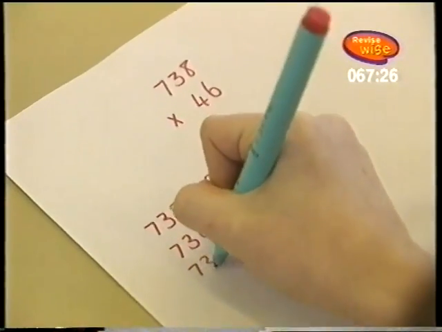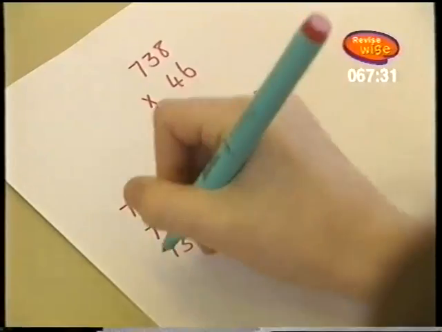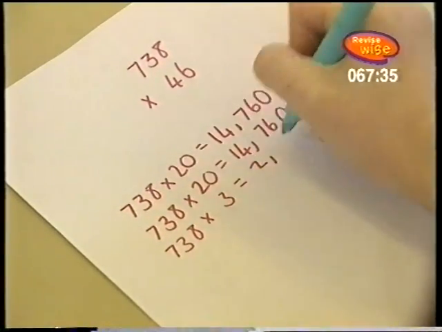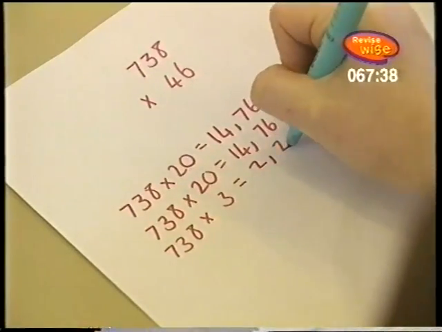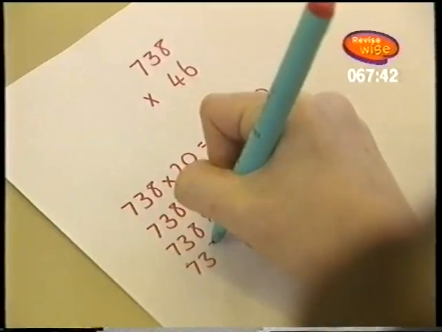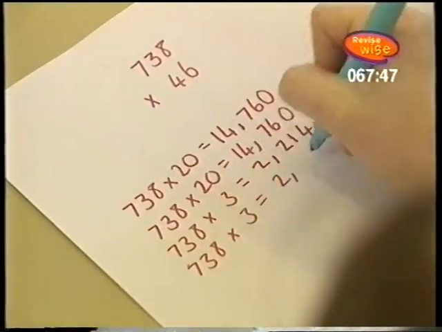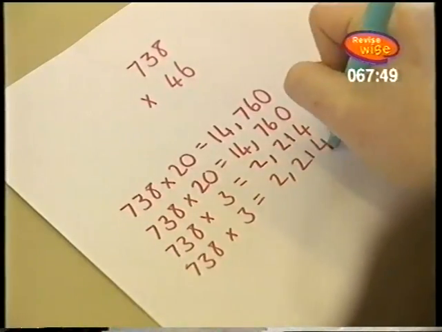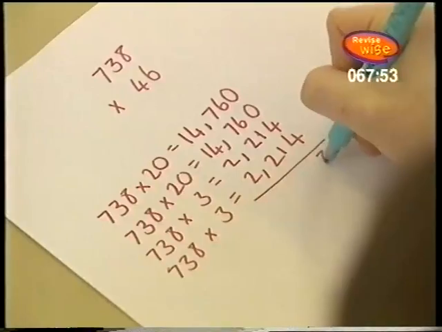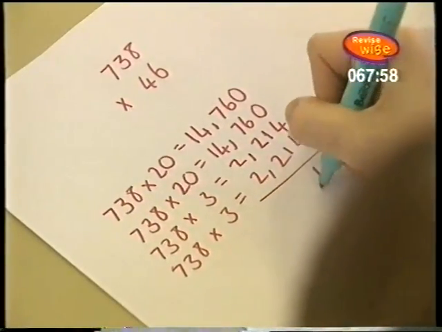Then I do 738 times 3, which equals 2,214. Then I do 738 times 3 again, which equaled the same. So that was 46 altogether. Then I'd add up all these answers.